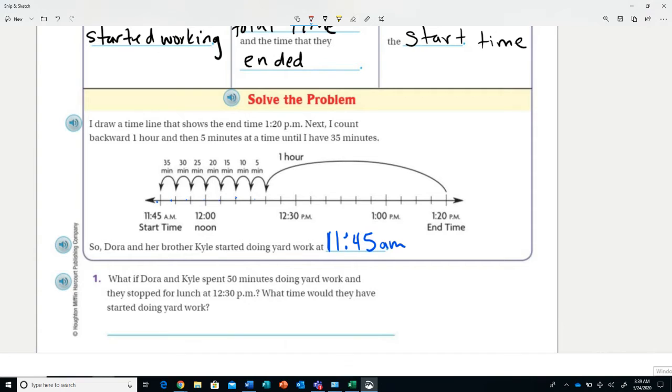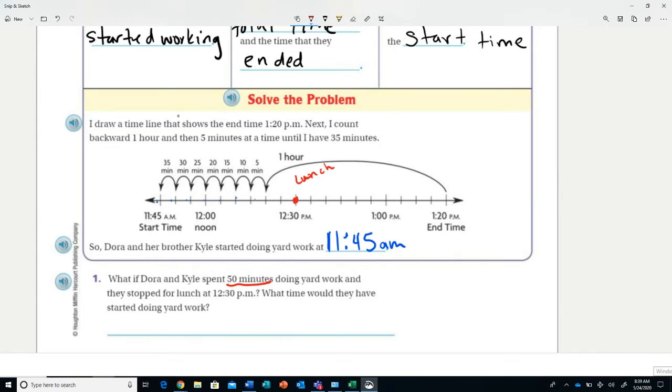So in question 1, here's the new lunch time, because I don't want to have to draw a new graph, and this one is perfectly fine. And they only worked 50 minutes.